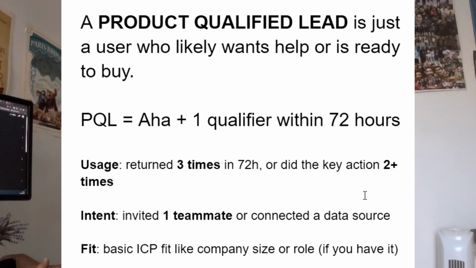Or maybe they just fit the ideal customer profile, like the company size or the role. What is it? We will discuss an ICP later. So let's for the moment not concern ourselves with this thing mostly, but let's focus on these two.